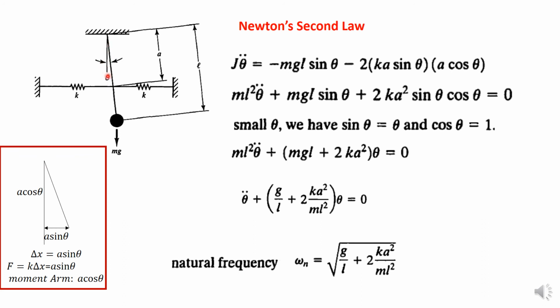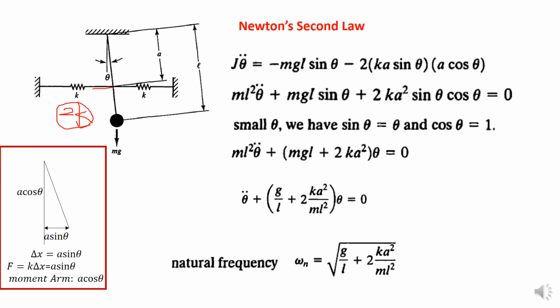Okay, so you can understand our moment arm will be A cosine theta, and the force will be K, because we have a displacement. One spring is elongated and the other is compressed, but the force goes in both directions. If it is a parallel system, it is identical to a parallel system.